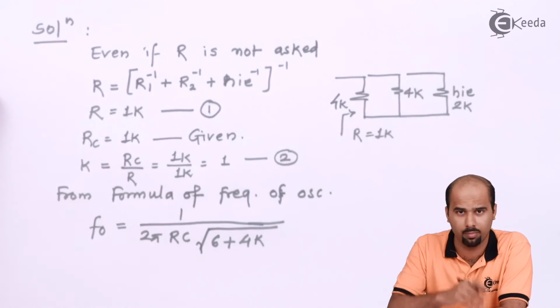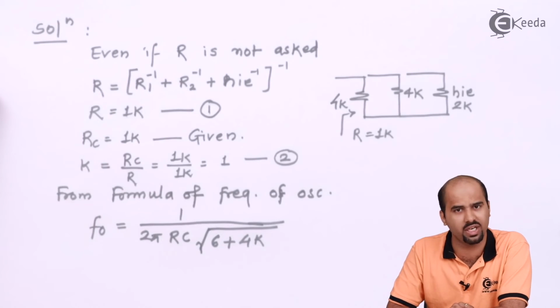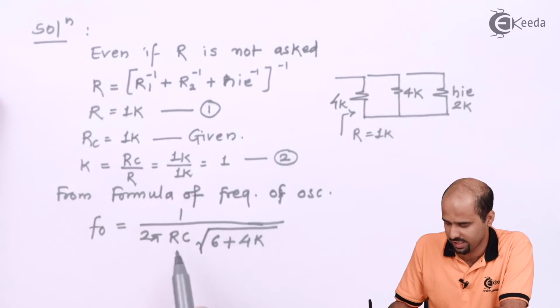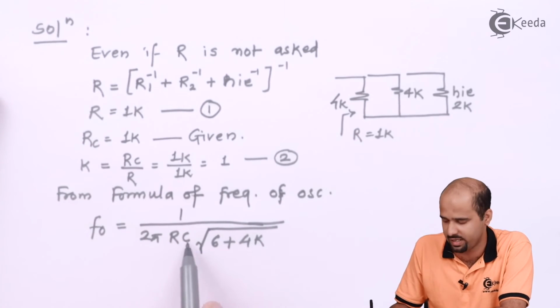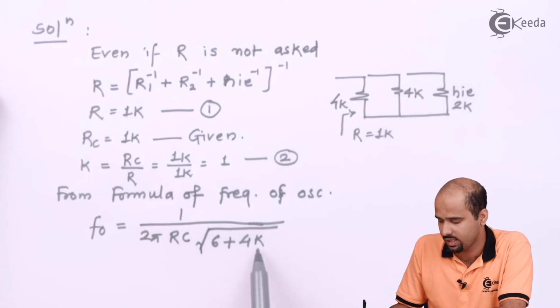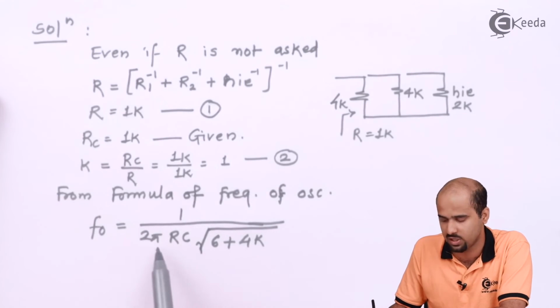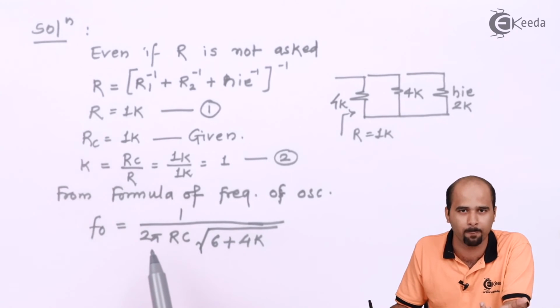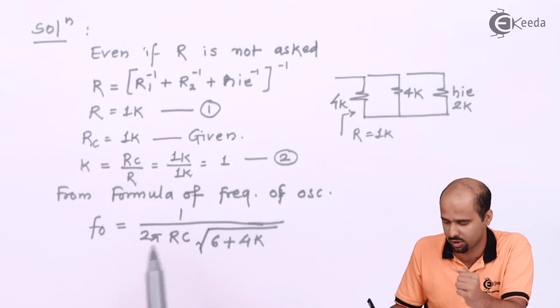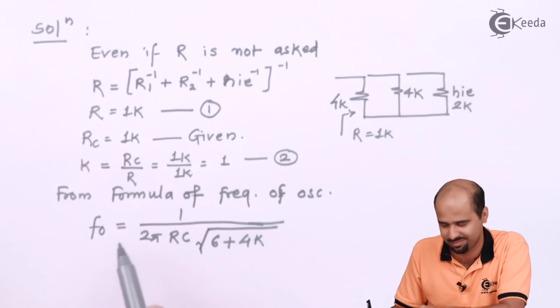Now pick up your calculators and check. I know that the C value is 0.01 microfarad, R is 1K, K is 1, 6 plus 4 is 10, under root of 10 multiplied by RC multiplied by 2 pi, and take the inverse of it. Pause your screen, calculate the value of F0 and come to me.